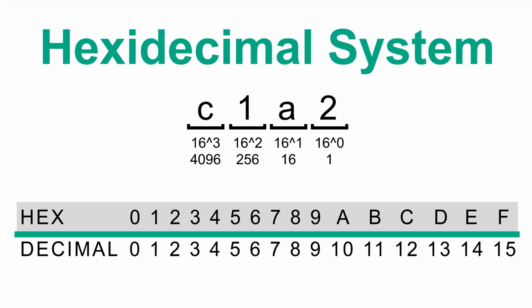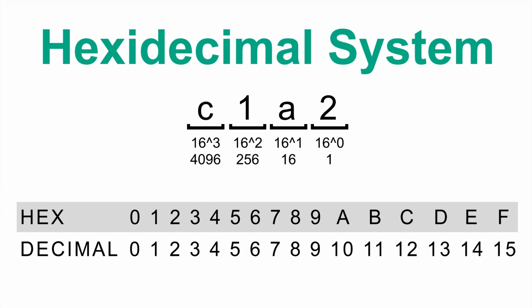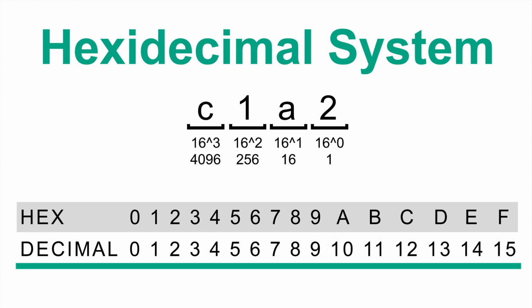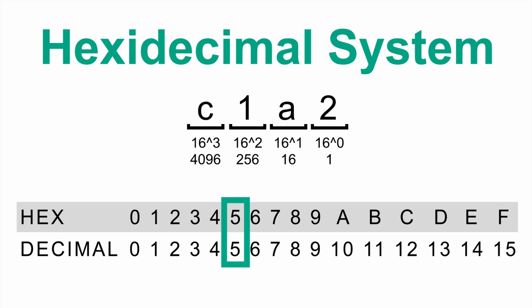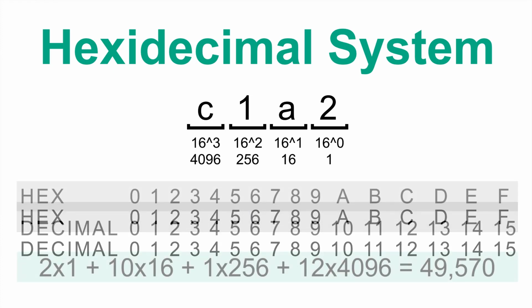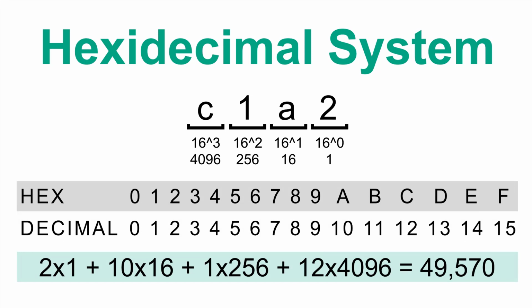Highlighted in gray are the 16 hex digits, and below you see their decimal equivalents. You can see here that my 5 in decimal is represented the same as 5 in hex. But 13, for example, is represented as D. So to convert the C1A2 hex number you see there to a decimal number, I'll add together 2 times 1.